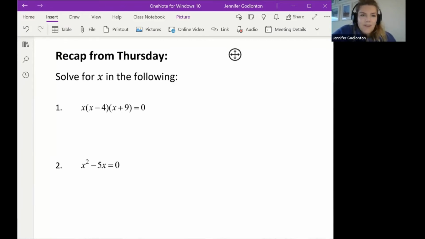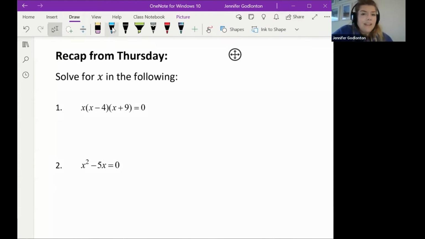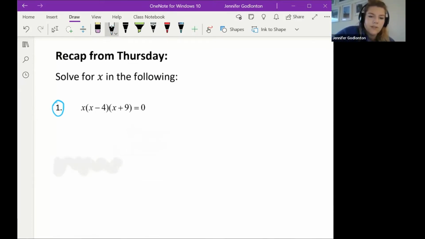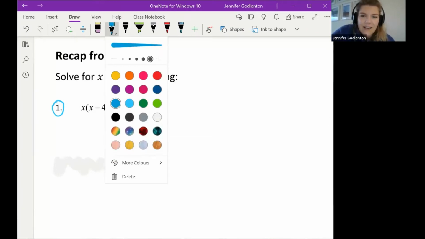So if we have a look at this first question over here, I have already factorized it for you. It's completely factorized, and I would like to know what my answers for x would be, just in question 1. For the moment, you can forget about question 2. I would like to know what are my values for x, and how can I figure them out?